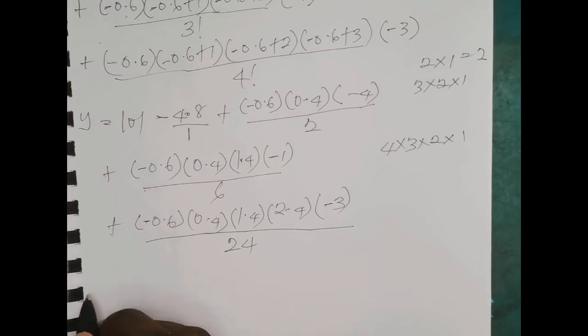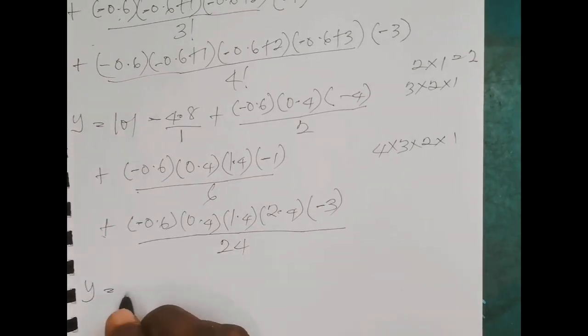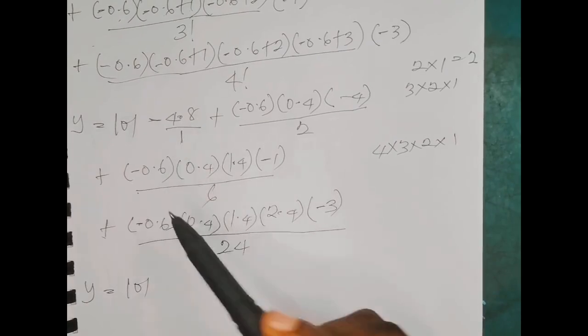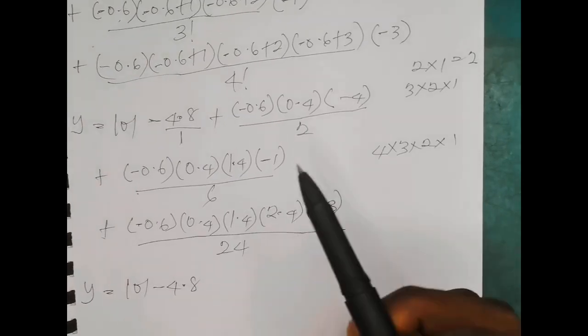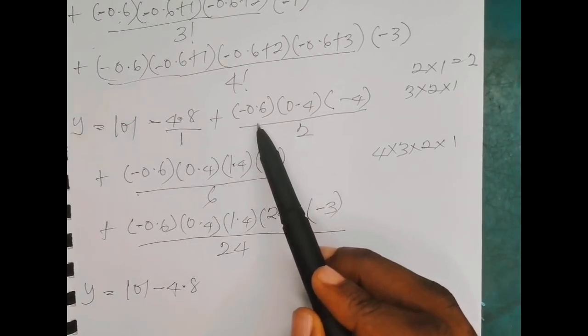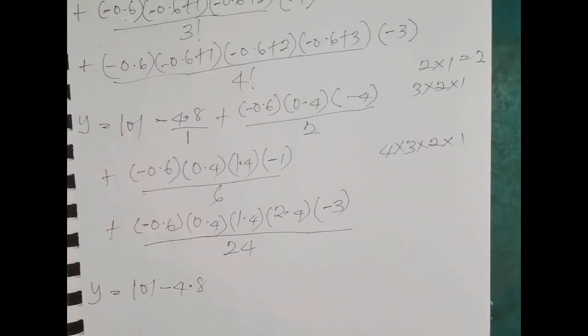Okay, so this means y is going to be equal to, remember, you put down 101. Now negative 4.8 divided by 1 remains negative 4.8. So let's evaluate this numerator. Negative 0.6 multiplies 0.4 multiplies negative 4, and see what that will give us.